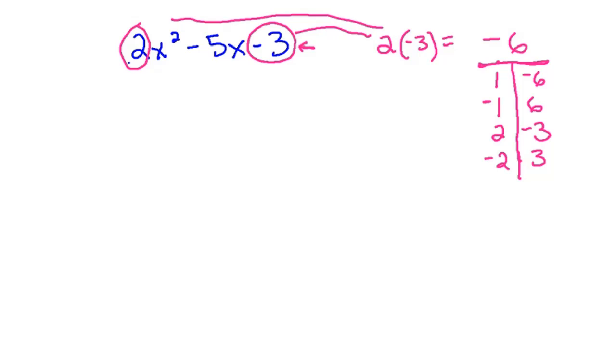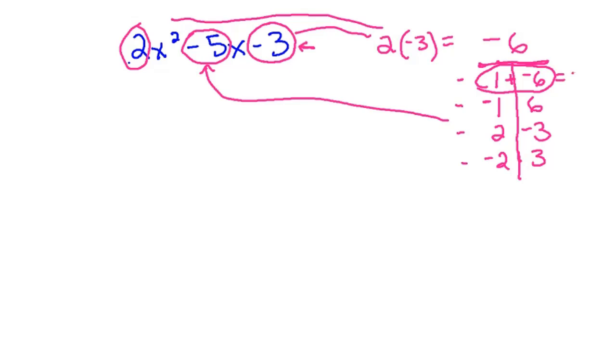Now, which of these pairs of numbers is going to equal this -5 right here? Well, that's going to be this first set, 1 plus -6. If you add these together, it equals -5. So our 1 and our -6 are the numbers that we're going to use.